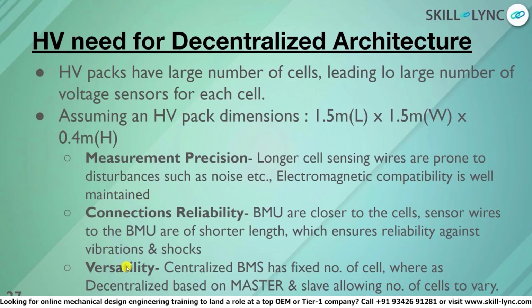So if you have 400 cells where each BMU can handle 50 cells, you can have a total of 8 BMUs, and a BCU with 10 channels for the BMUs. This essentially makes the whole architecture scalable over a period of time. You can reduce or increase the number of BMUs whenever the modules are reduced or increased. In this way, you can create different variants when you want to design a battery pack for some other application. So this is where you get versatility in designing the BMS.